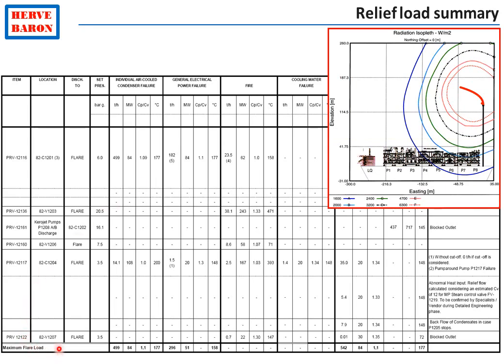The maximum flare load for any scenario gives the sizing of the flare system and allows to size the flare header, flare knockout drum, flare stack, and flare tip. Indeed, the height of the flare is determined so that the level of radiation where personnel could be present is within a safe limit.